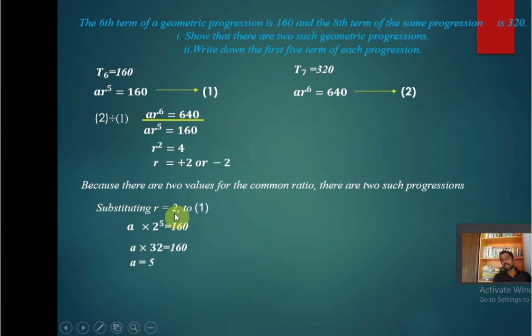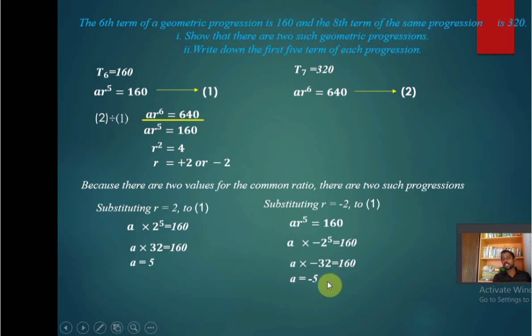Substituting r as 2, then a equal to 5, right? If r equal to minus 2 in equation 1, at that time you get a equal to minus 5. So we write this: first term 5, 10, 20, 40, 80, right?